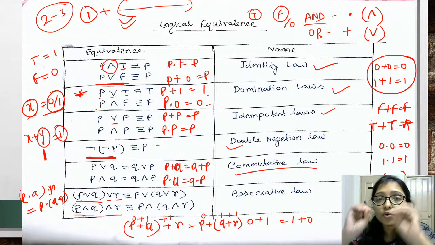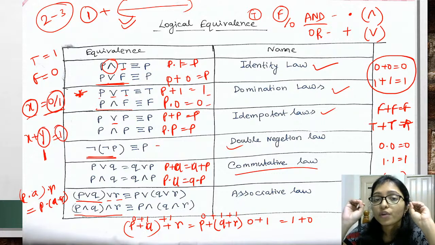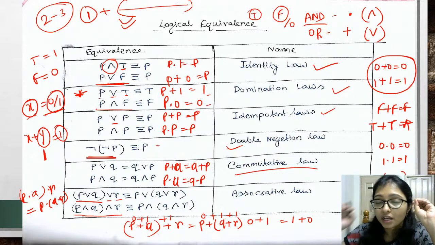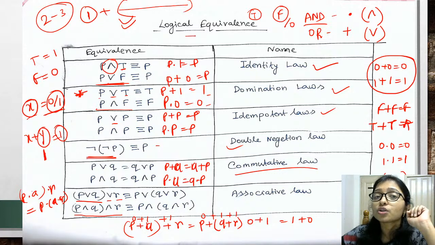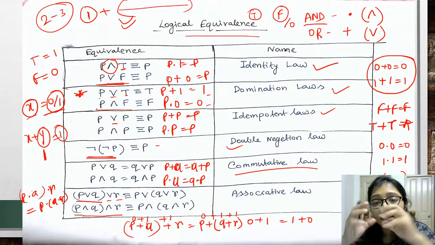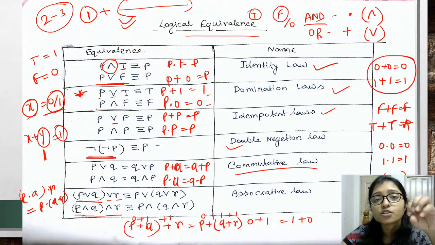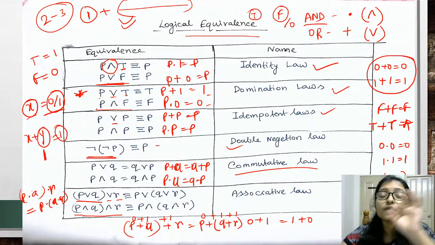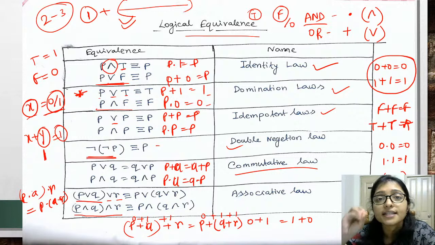Always try to put some 0 and 1. When you are learning the formula, don't do rote learning. Don't try to learn it like cramming or rote learning. When you are learning the formula, this formula is common for propositional logic and digital logic. Always try to put the value and try to understand why it is coming.